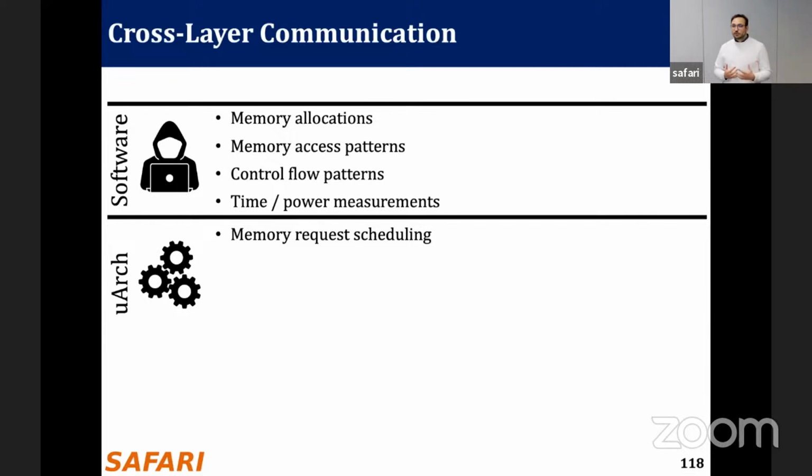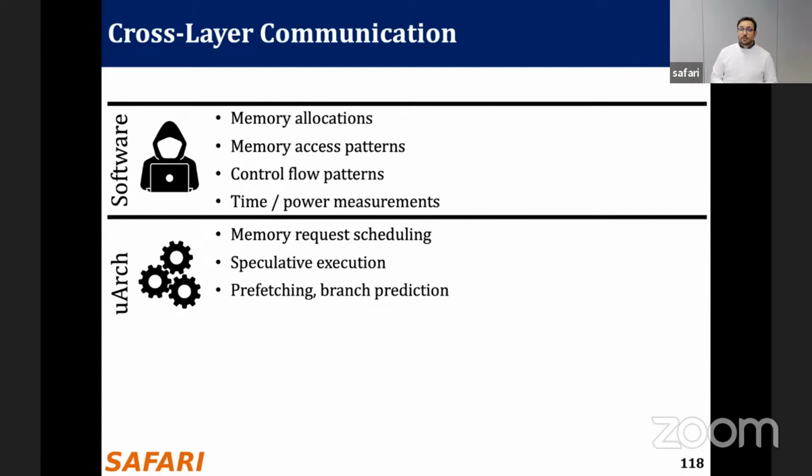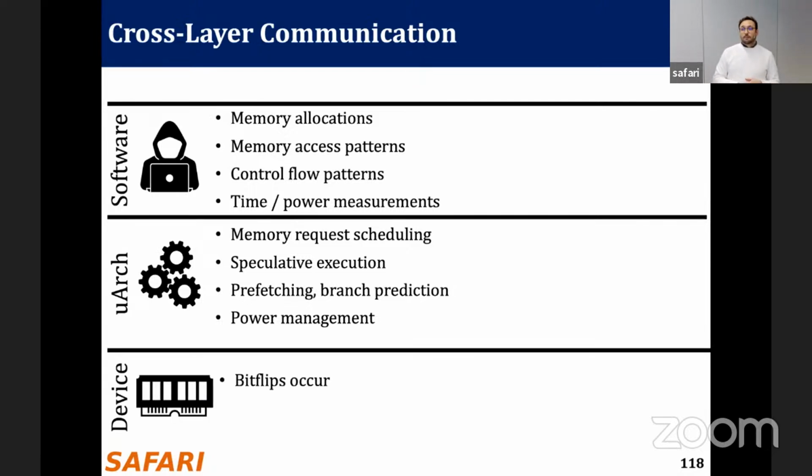In the microarchitecture, we have a more fine-grained view and control of the system. We can manipulate the memory request scheduling, for example. We can play with speculative execution. We can do prefetching, branch prediction, all those things. We can manage power in a finer-grained way.